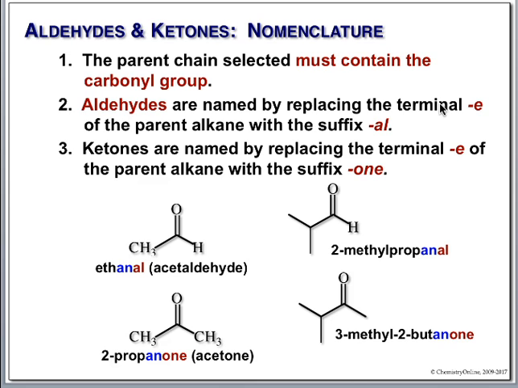So obviously, here we have no choice. This is our parent chain. It's a two-carbon chain, so it's an eth. It is fully saturated, so it's an ethan, as in alkane. And it's an aldehyde, so we stick on al at the end.